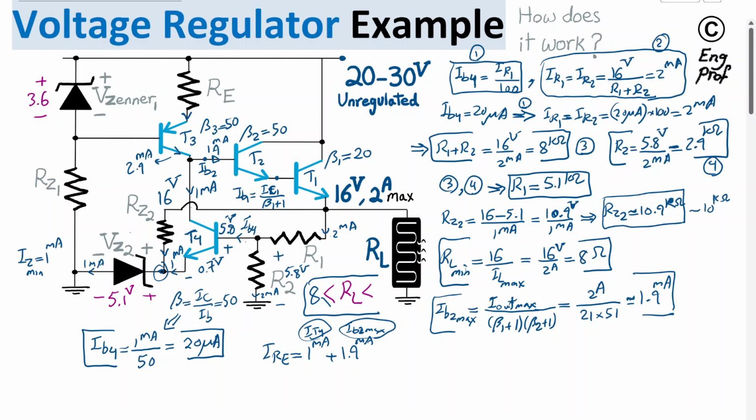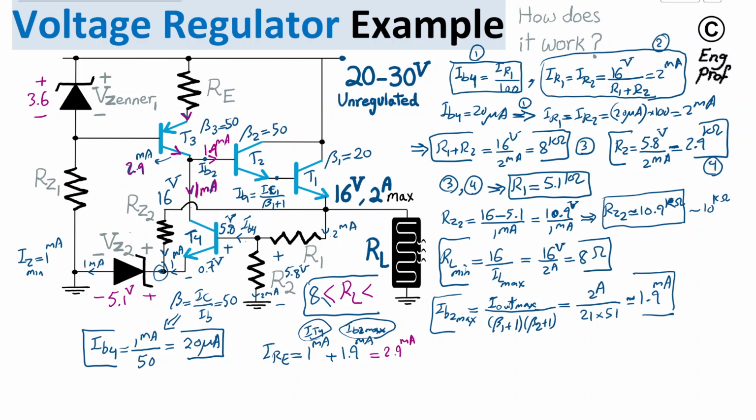I'm talking about this 1.9 milliamp here, and this 1 milliamp here. The sum of these two is the current that is going this way, 2.9, which is the same current as RE, so it is equal to 2.9 milliamp.